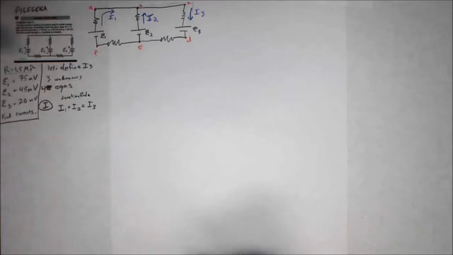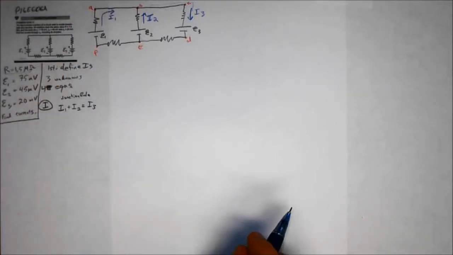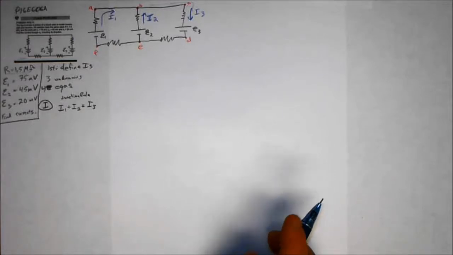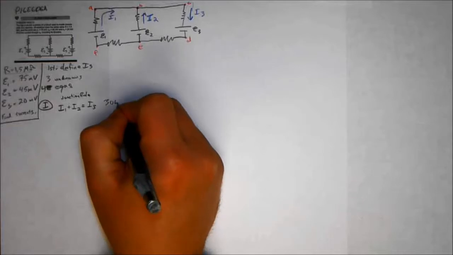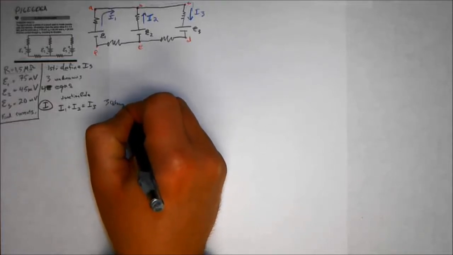It has to be, by conservation of charge. You can't end up with more charge flowing out of a junction than you have flowing into it. So I hope that one is your easy go-to equation that makes perfect sense. And here we have 3 unknowns.